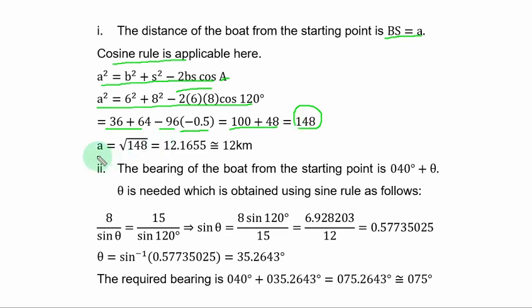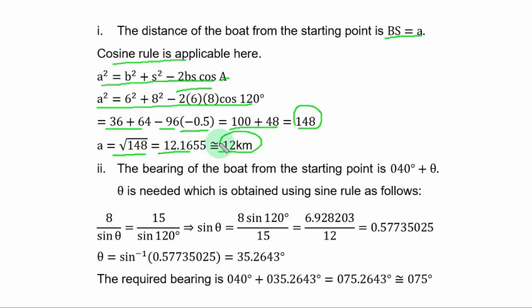To get A, the distance of the boat from the starting point, you take the square root of 148, and that is 12.1655. To the nearest kilometer, you have 12 kilometers.